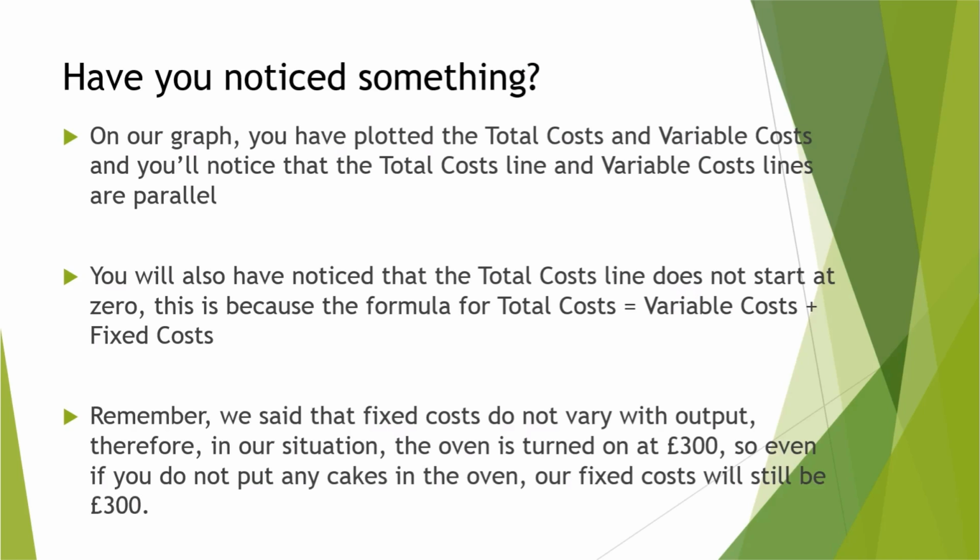If you're adding the variable costs onto the fixed costs, then our total cost can't possibly be below £300. So if we were to make 0 cakes, you would not have 0 fixed costs. They would still be £300. And this is why we plot our total cost line starting at the fixed cost line.